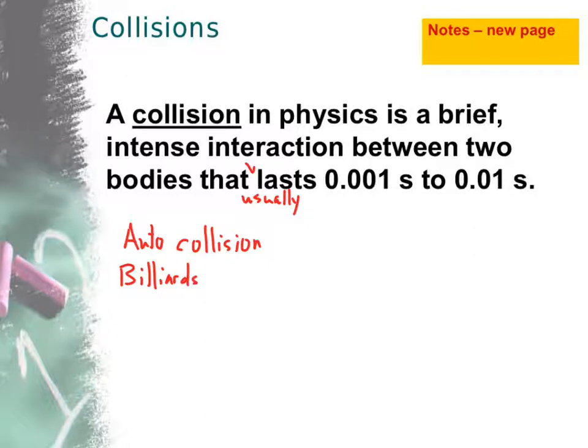When you're playing 8-ball pool or billiards, whatever you want to call it, when the balls hit each other, that's a collision in physics. Sometimes hockey players will have collisions, and that's also something that you can handle in physics as long as there are no external forces in the system.